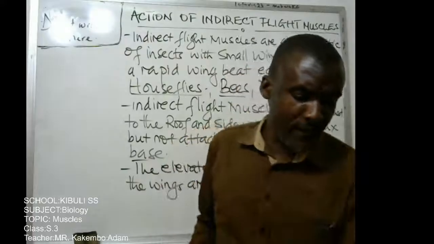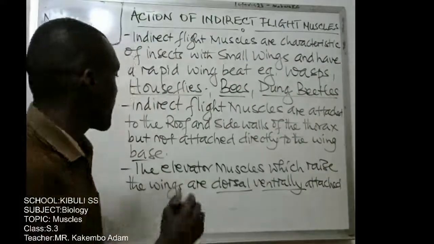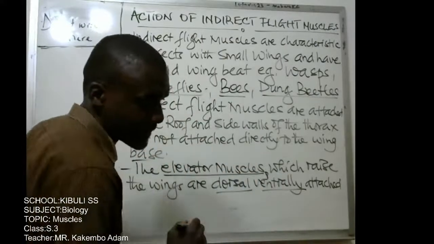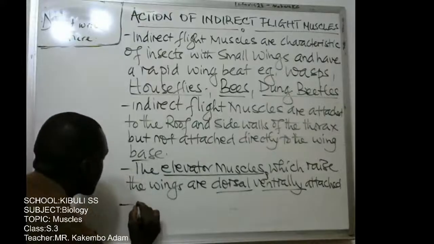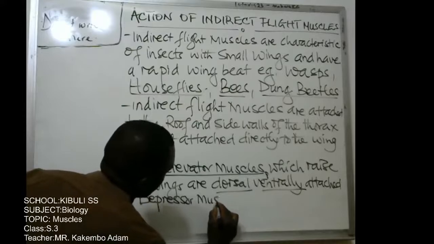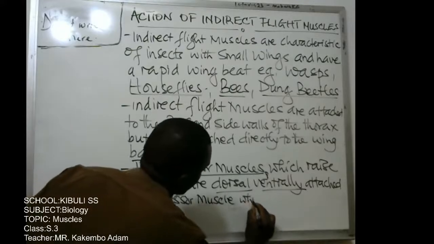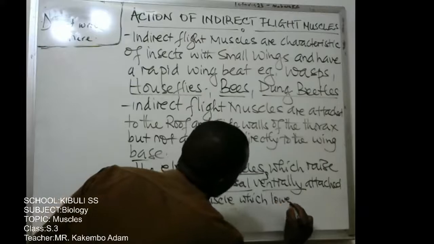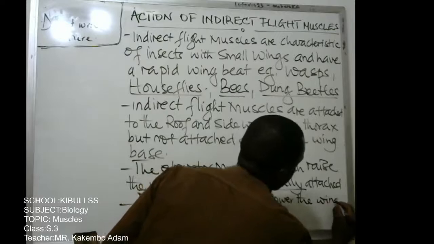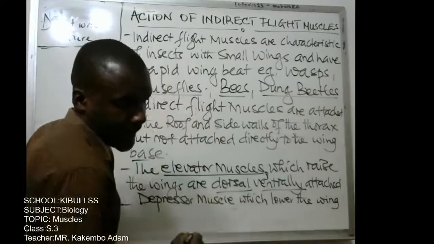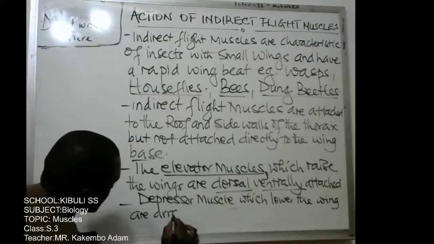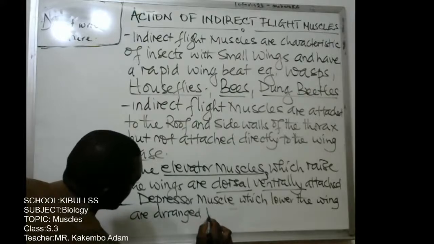The other set of muscles besides the elevator muscles is known as the depressor muscles, which lower the wing. The depressor muscles are arranged longitudinally.